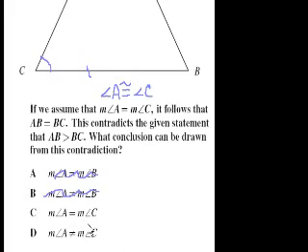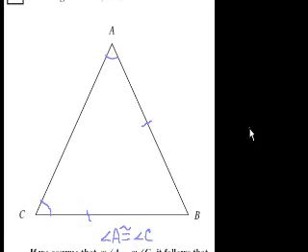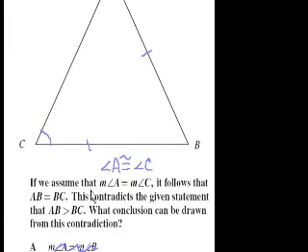Measure of angle A is equal to measure of angle C. Oh, I see what they're saying here. Sorry, this is my bad. They're saying AB is definitely greater than BC. Now, they said if we assume that the measure of angle A is equal to the measure of angle C, it follows that AB is equal to BC.